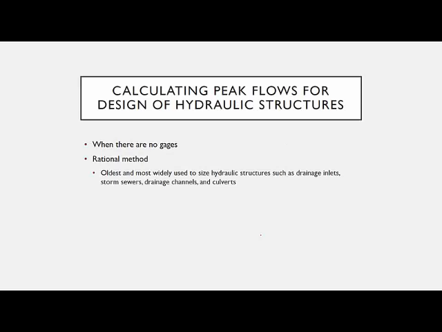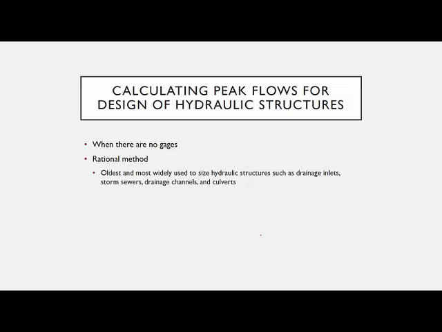Now we're going to calculate the peak flows for design of hydraulic structures. And this is whenever you don't have a gauge and you don't have historical data to say, well, this is the peak flow. So based on probability and statistics, they call it stochastic hydrology, they have developed these models to calculate peak flows.